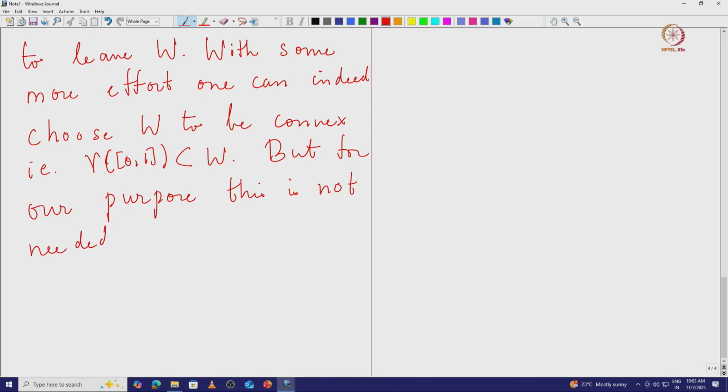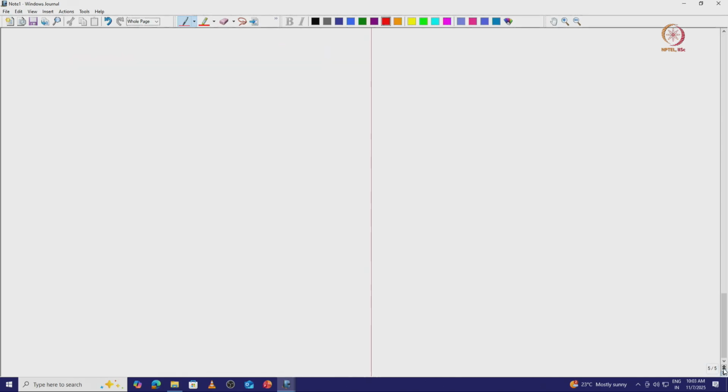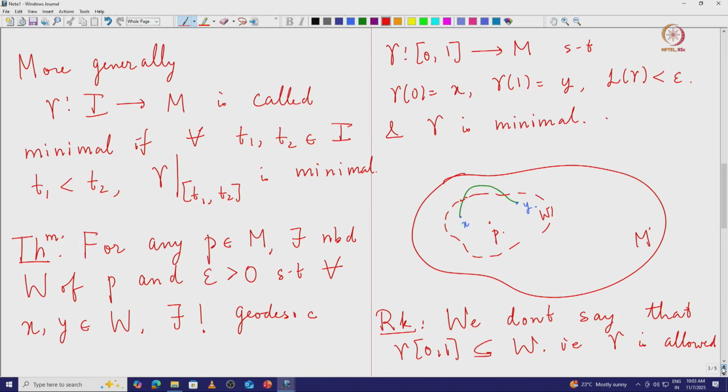Okay, so we will take the easy way out and prove a slightly weaker result. Okay, in any case, throughout the proof you should keep this picture in mind, that given any x and y you can join them by a short geodesic whose length is less than epsilon.